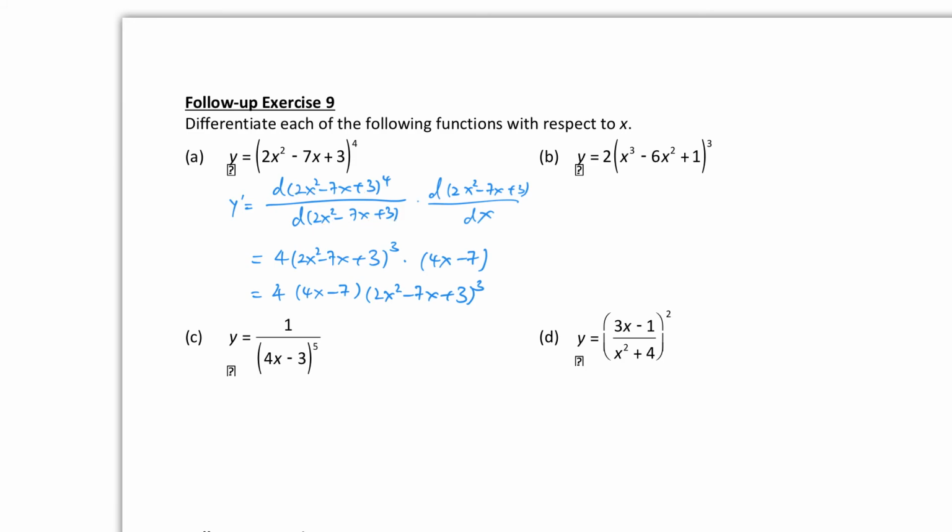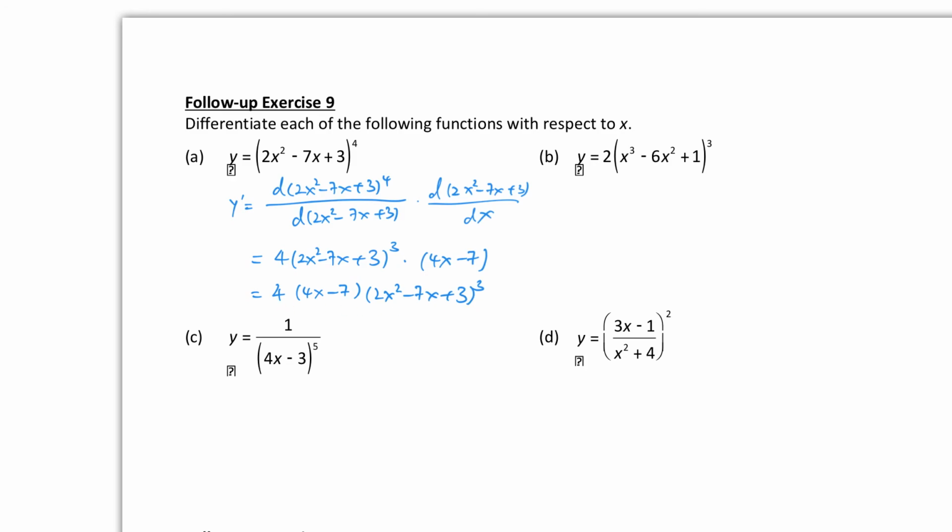For this part, I can make good use of the power rule: write down the degree and degree minus 1, and the derivative of this term is equal to 4x minus 7. So, rearrange the order. This is your final answer.